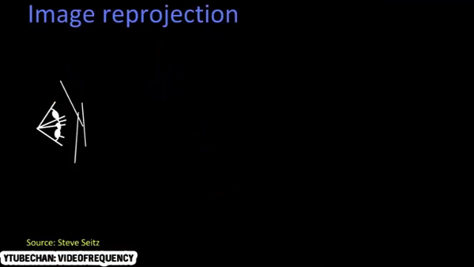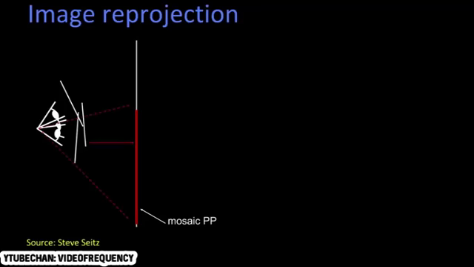So anyway, we show here that we have three images taken from three different orientations. Then what we want is to project all of these images onto some single mosaic projective plane. So here we're showing projecting image 1, projecting image 2, and projecting image 3. The idea is that you're projecting everything down onto a common plane.